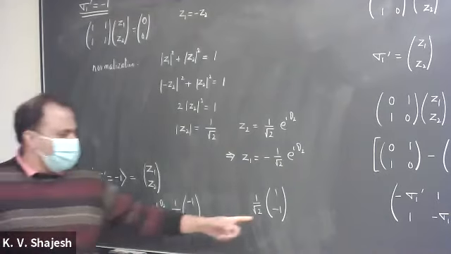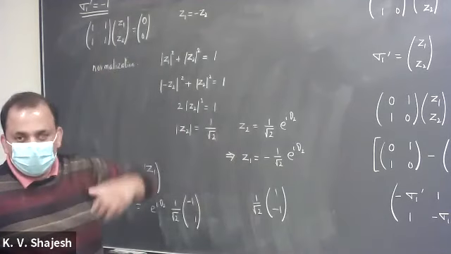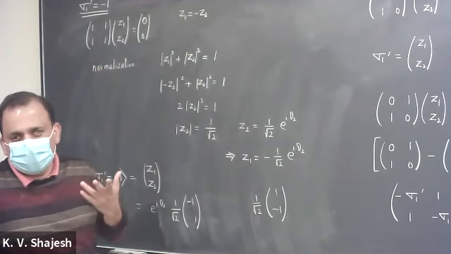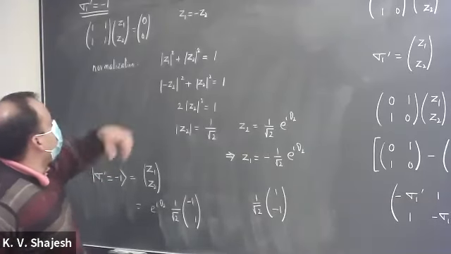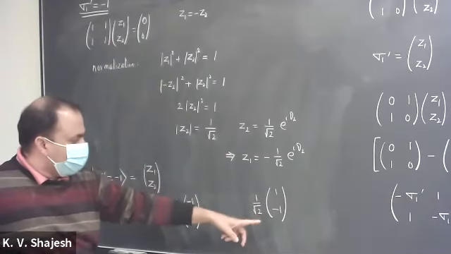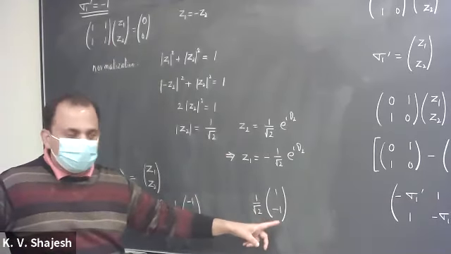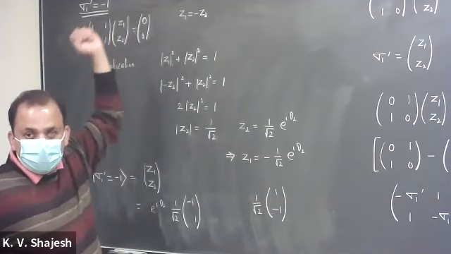So it is an eigenvector of this quantity. Whenever I ask, is this an eigenvector, you would put this in this, and it does work. So it's an eigenvector with minus 1 as eigenvalue.